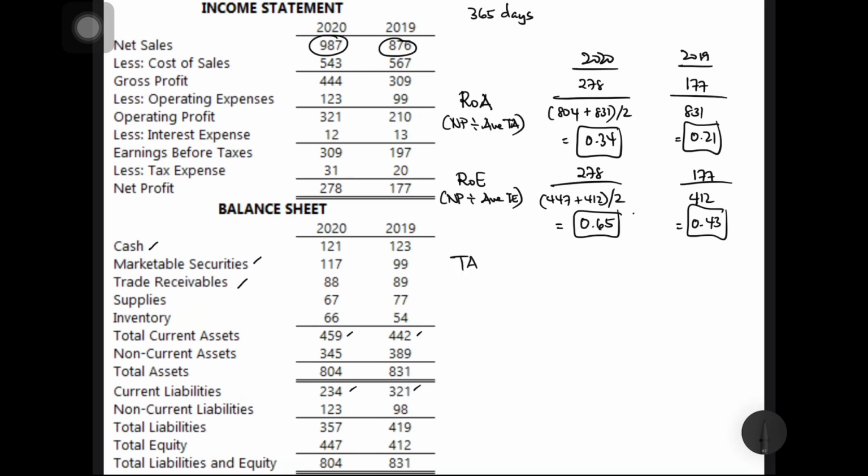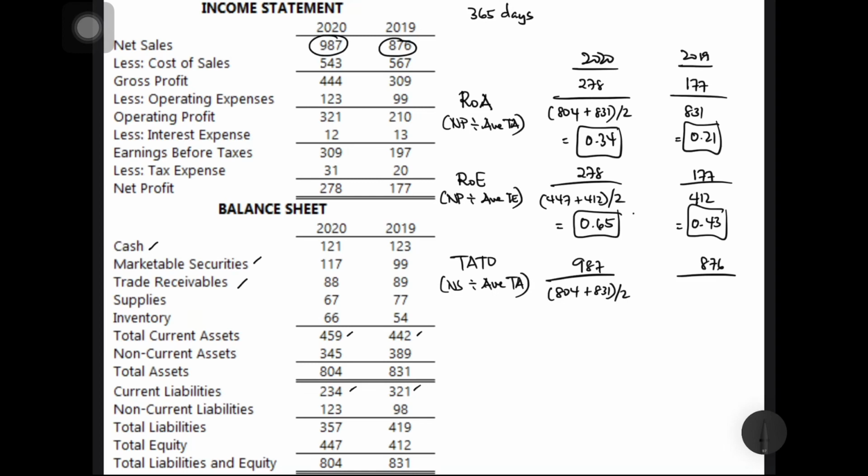And then finally, total asset turnover. The formula is net sales divided by, again, the average, because you have one income statement, one balance sheet. Average total assets. So get your net sales, 987 here, and then 876 here. Then average here because you have prior data.